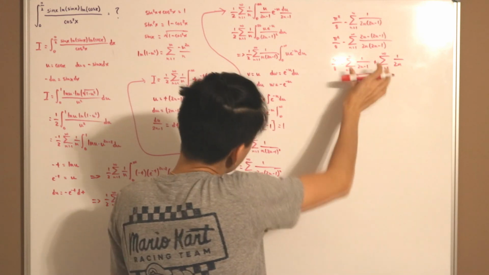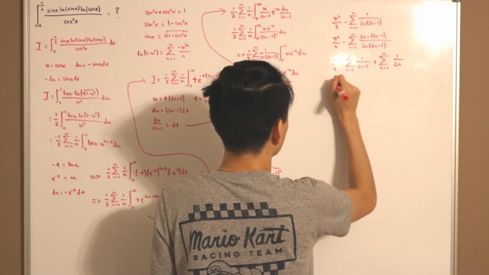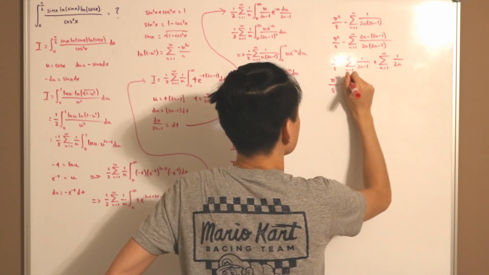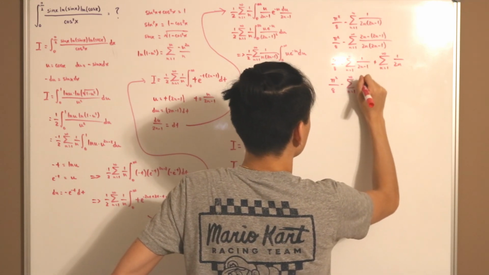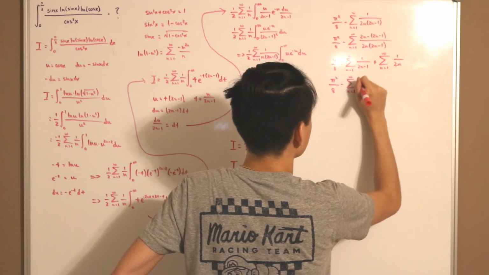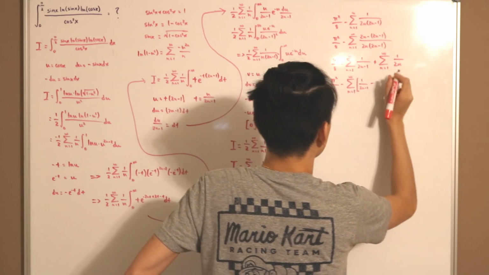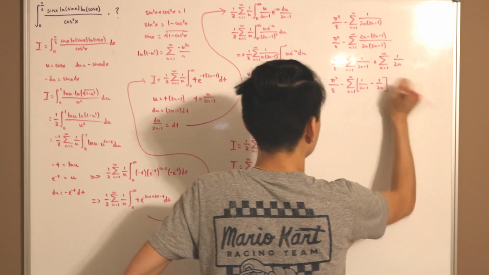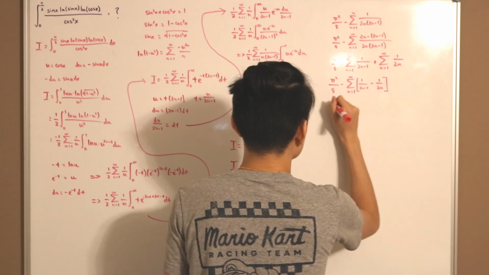Then we can combine it together, so then we have this, just minus the sigma from n equals 1 of, let me put this in brackets, 1 over 2n minus 1, and then minus 1 divided by 2n. Okay, so far so good. So let's expand the series out.